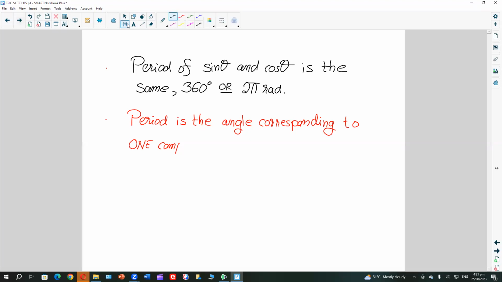Period is the angle corresponding to one complete cycle. You have to copy this screen.